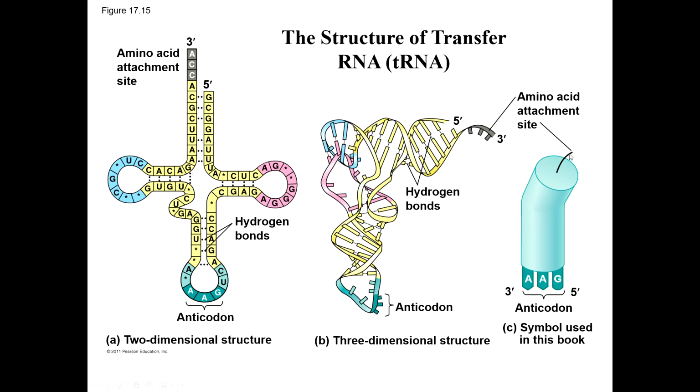There's the amino acid attachment site, which I always think of kind of like a fishing hook. This is going to hook the amino acid, and then the parking decal, AAG, that tells it where to park. So that's the anticodon, which will then bind with the codon. Remember, the codon is on messenger RNA. The anticodon is on tRNA, or transfer RNA.